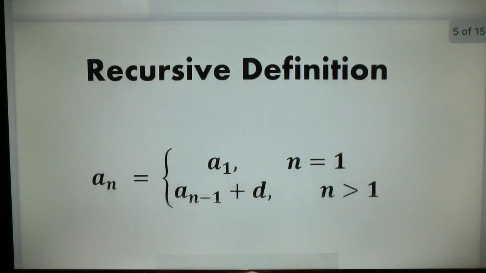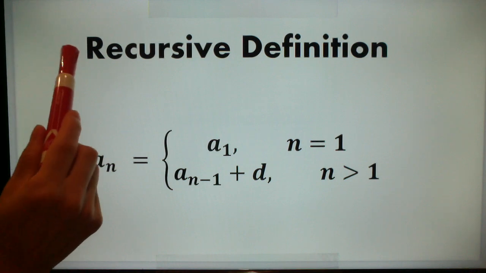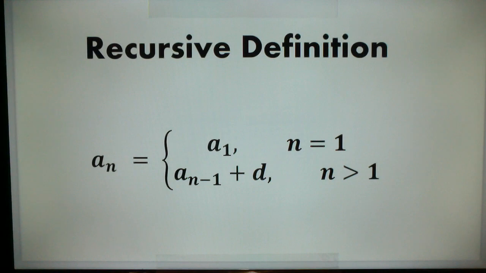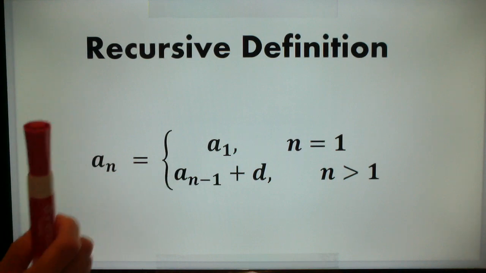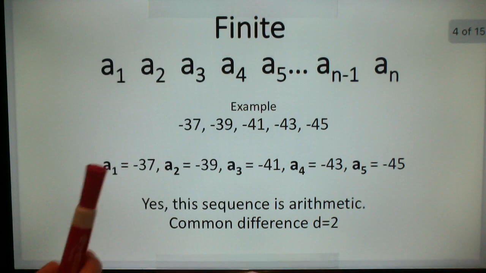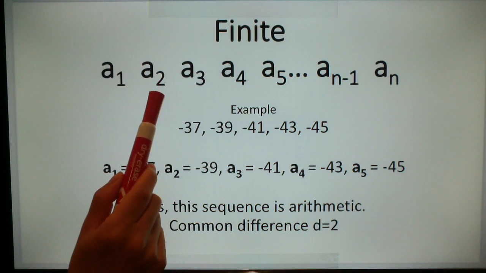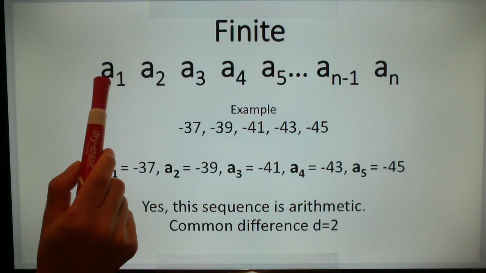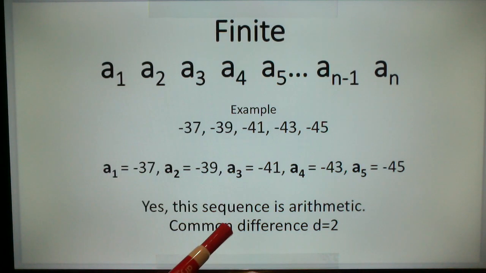So there are fancy words: recursive definition. Please remember this. You will see this a lot, really a lot. This is about the relationship. When you have A1 and you want to know A2, you just add A1 plus the common difference 2.